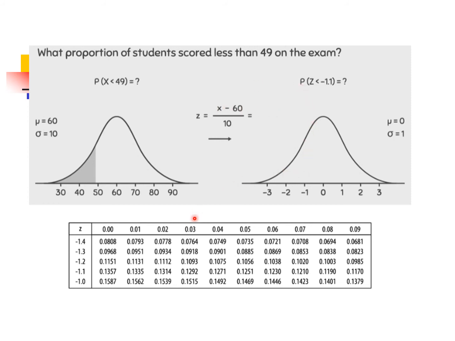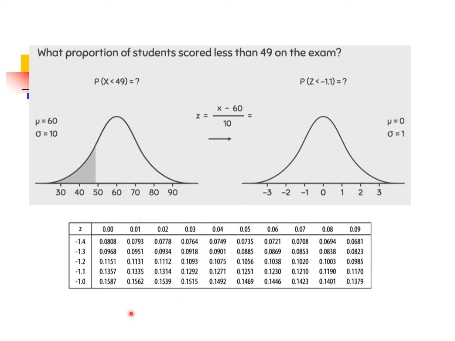Accordingly, go and see on the table the area under the curve to the left hand side. Here, what we want to know is the probability that x is less than 49. So 49 is here, and we just want the area of this particular region. To know that, you have to convert it into a standard normal distribution, and then find the area from the z-score table.